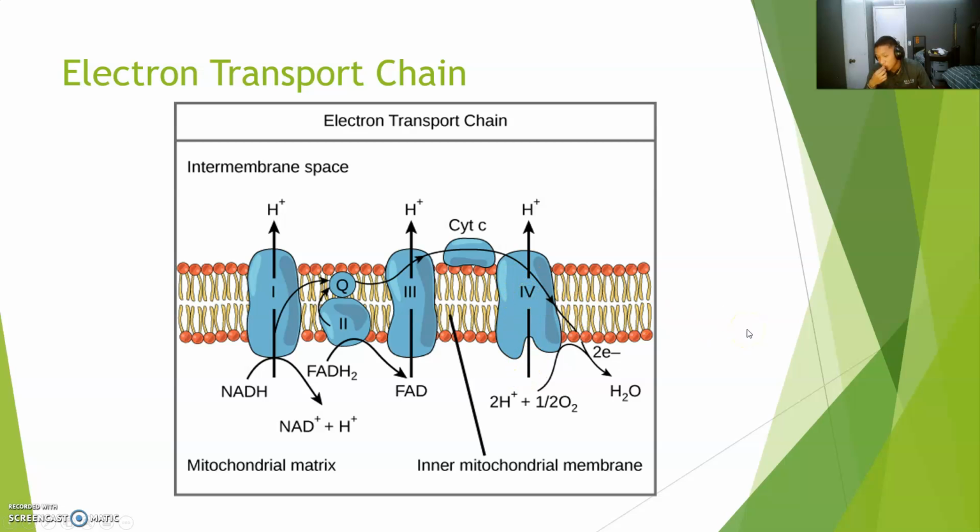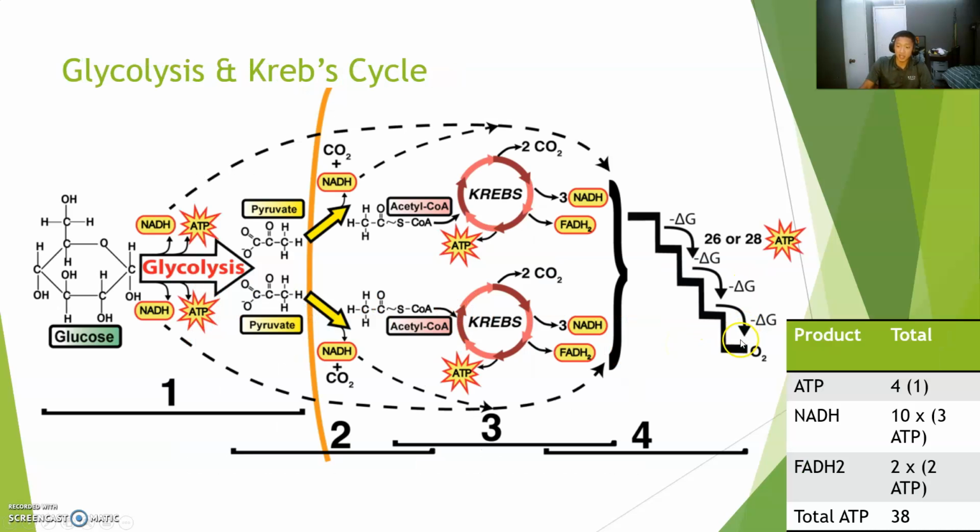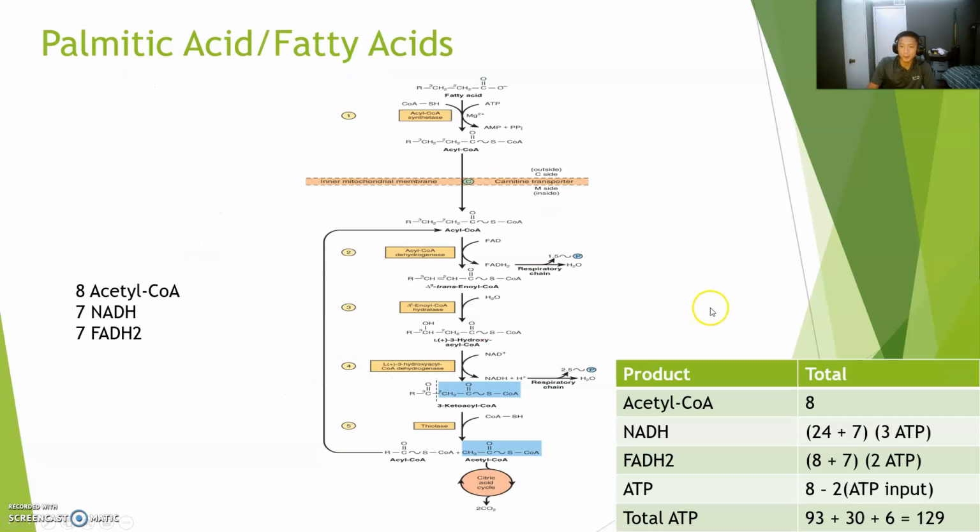As ions are funneling through the synthase, that structure is going to spin and force ADP to combine with phosphate to create more ATP as well. So this on top of this yields about 38 ATP for one glucose molecule.